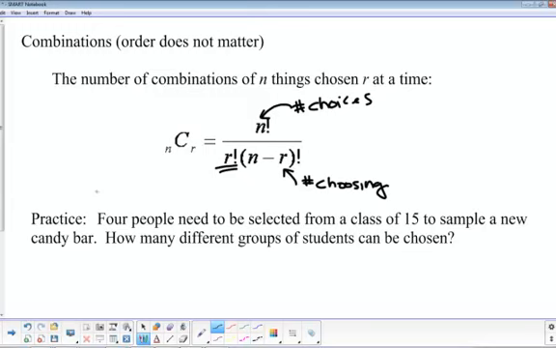So in the last problem, we had 4 Jelly Bellies, so that would be a combination with 4, and we're picking 3 different flavors. So we would have 4 factorial over 3 factorial times 4 minus 3 factorial. So 4 factorial over 3 factorial times 1 factorial would be 4.